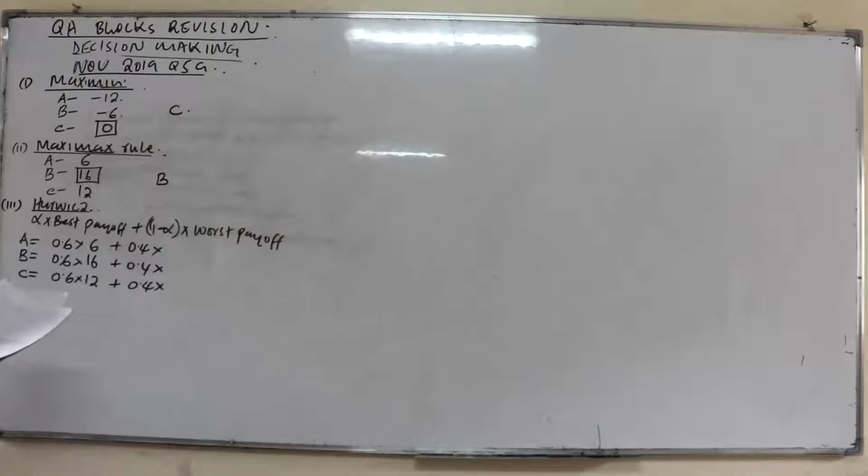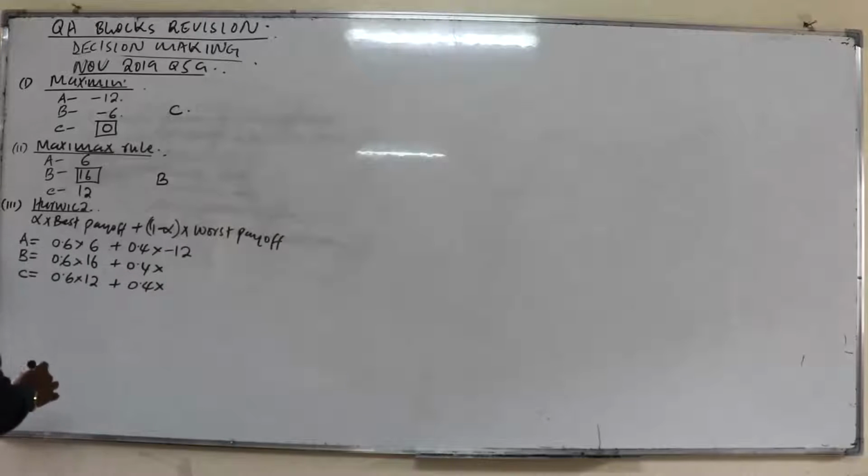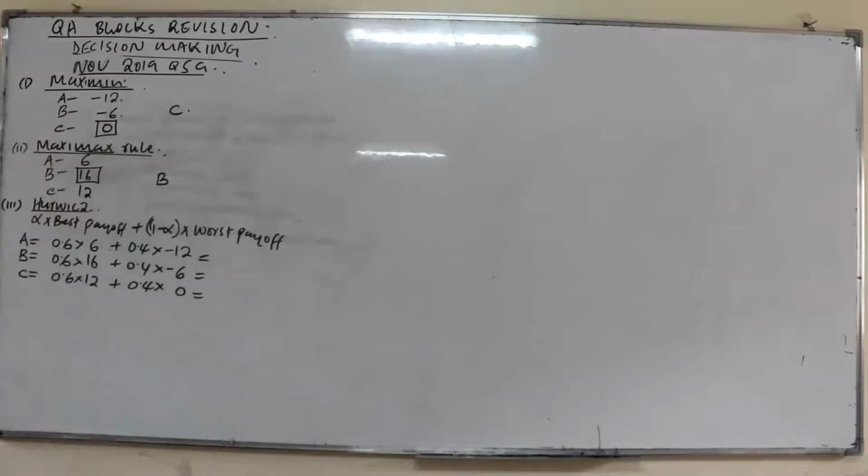So let's start with alternative A. Alternative A, the minimum we have is negative 12. B, the minimum or the worst payoff is negative 6. And for C, we have 0. So with that, let's compute. We have negative 1.2.